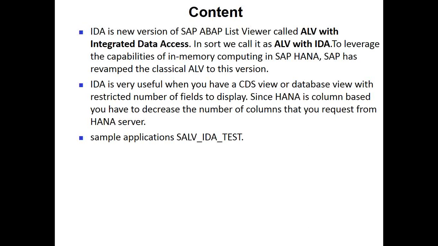In the second point, since HANA is column based, you have to decrease the number of columns that you request from the HANA server. Actually, what we are doing is column based always. While selecting only, we do all the processing. Unnecessarily, you won't take all the data, like select star, and you won't take it outside and process it.